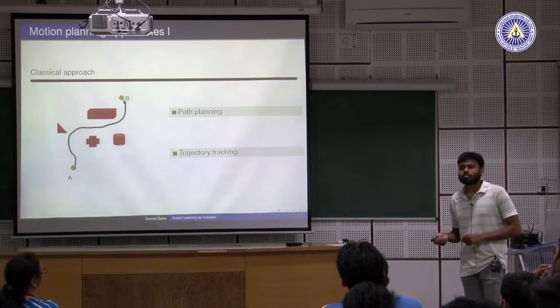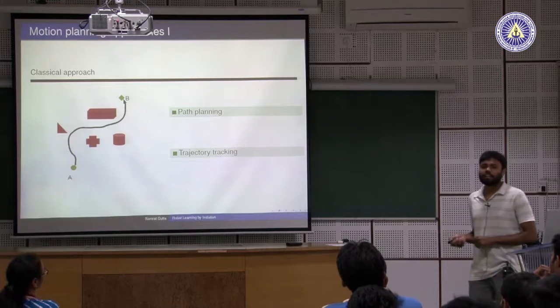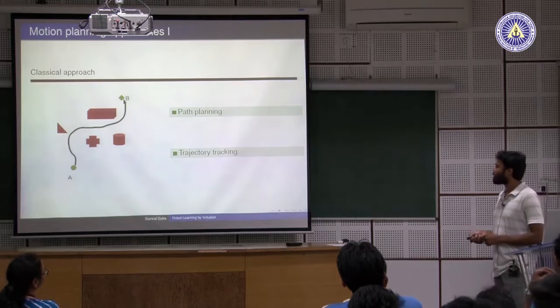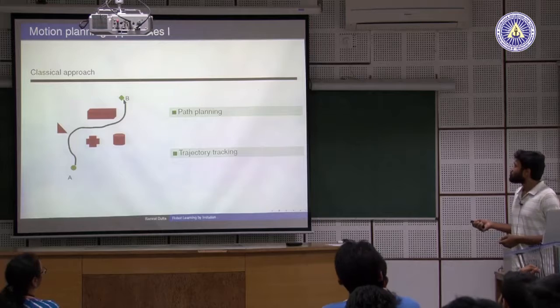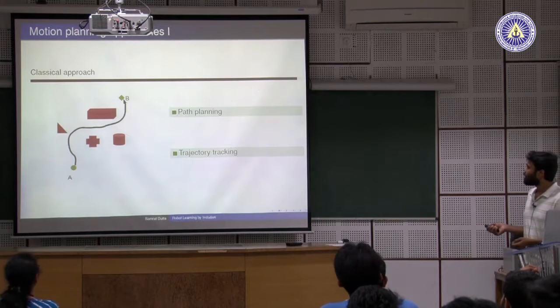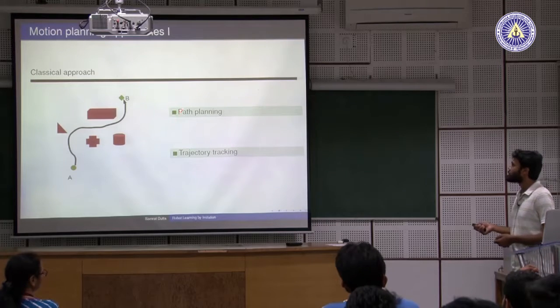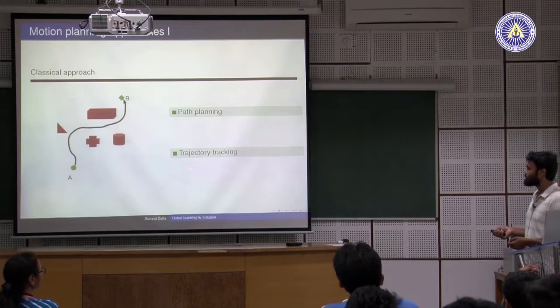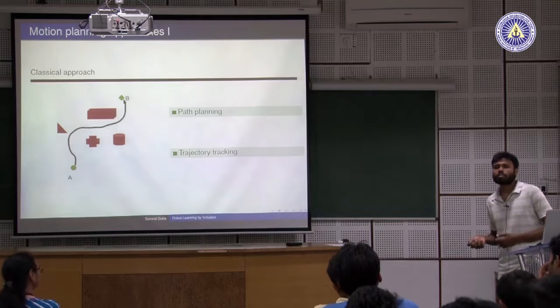Then you will have some classical control technique algorithm that will generate the instantaneous velocity commands needed to track this path. So, classical approaches generally go in two steps. First is motion planning, then they track the trajectory, and in order to track the trajectory they come up with velocity commands.